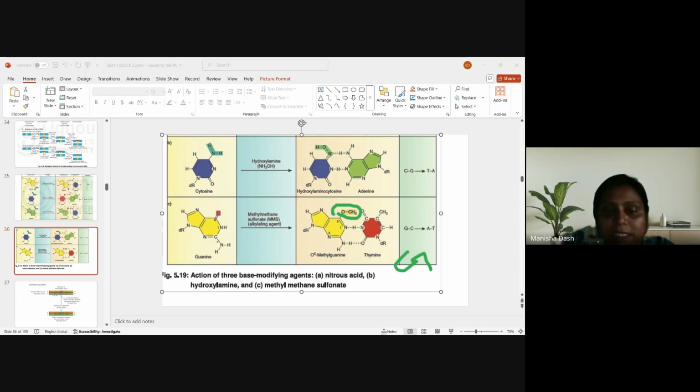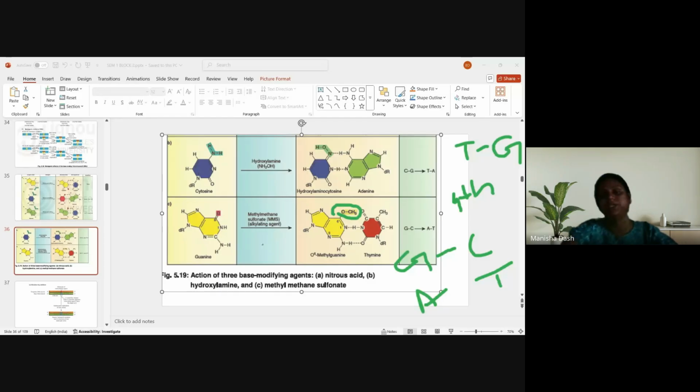So similar to this, there will be a GC to AT transition mutation. Similarly, thymine can also be modified at the fourth position. At the fourth carbon position, the thymine gets modified due to the action of MMS or EMS, and instead of pairing with adenine, the thymine mispairs with guanine, leading to AT to GC transition mutations.